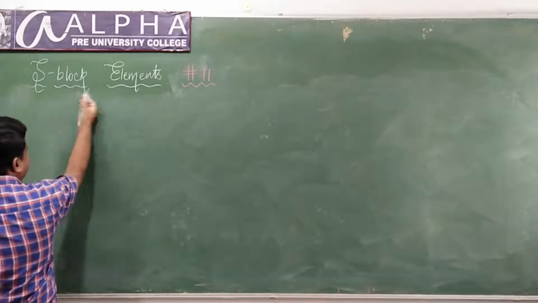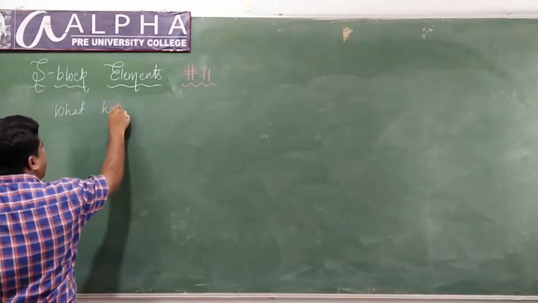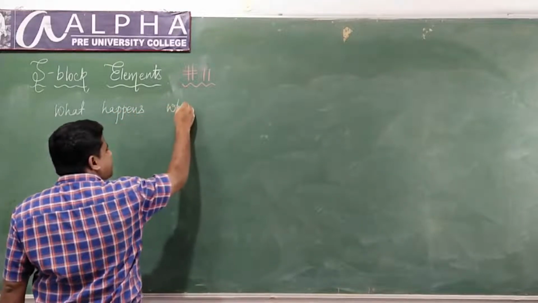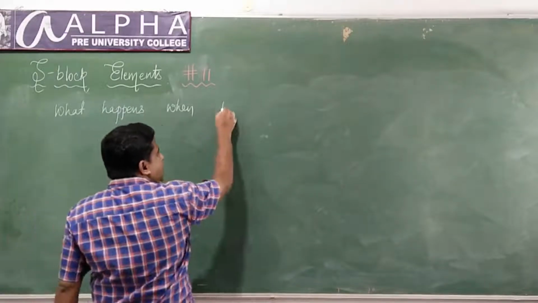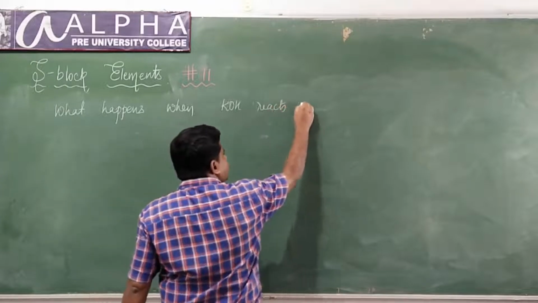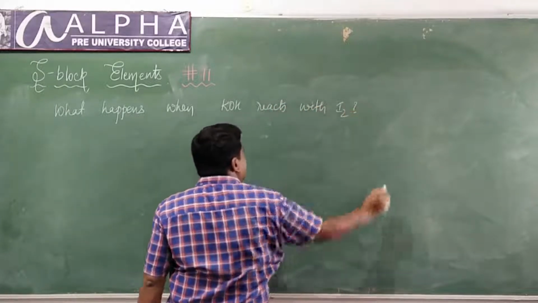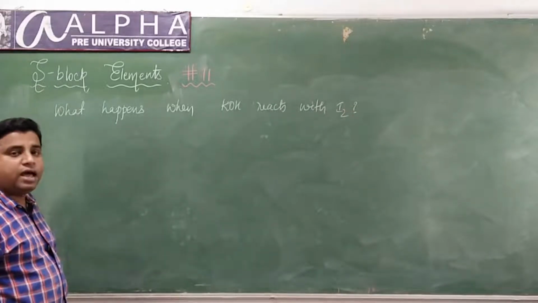My question is, what happens when potassium hydroxide reacts with iodine? Please understand the question.